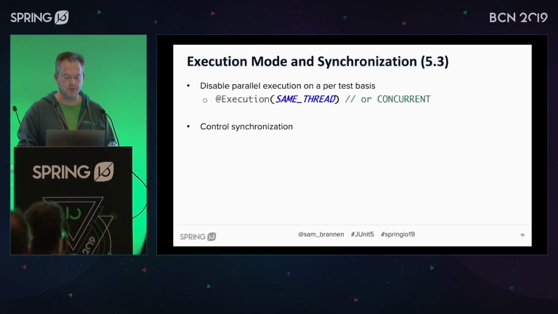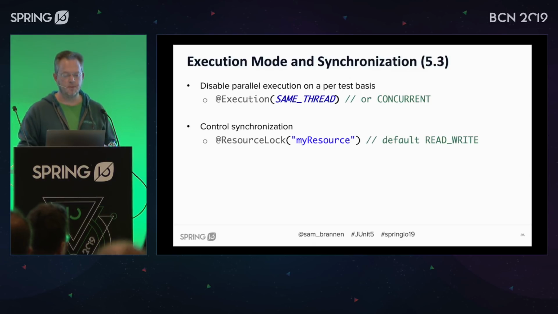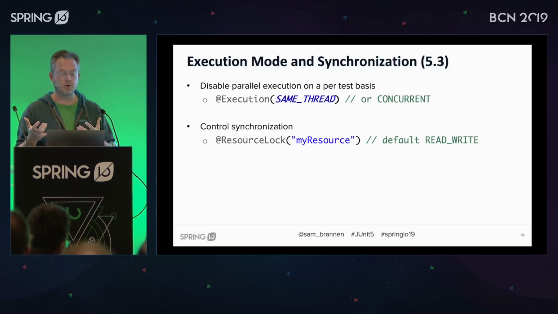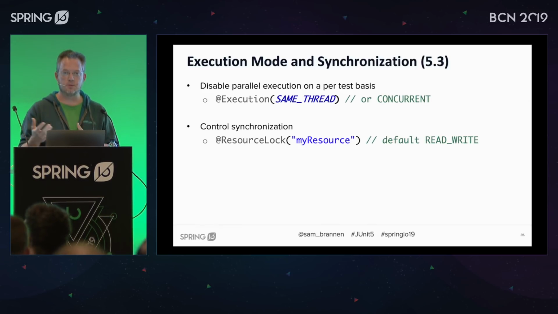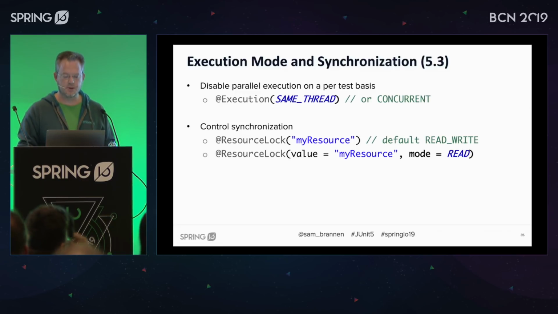And controlling the synchronization, so sometimes things shouldn't run at the same time, right? You might think about like with databases and some kind of locks. So we have support for what are called resource locks, and it just takes a string. This is basically the name of the thing that's your resource. This could be my resource. There's some default things built in like system out, system error, locale, and stuff like that. So you can switch that up, and you can also change it from read-write mode to read mode.